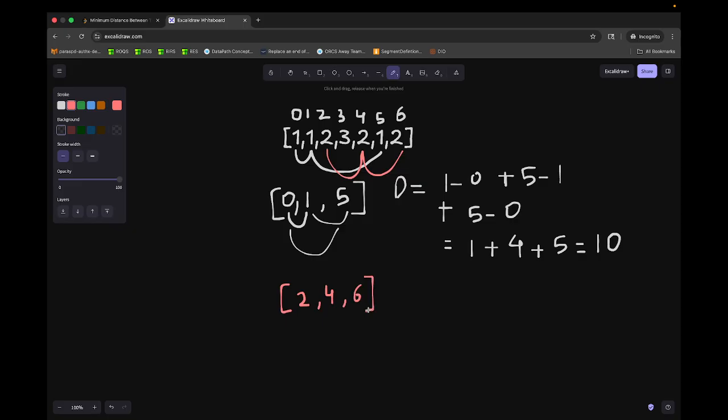So the distance for this will be 4 minus 2, which is 2, plus 6 minus 4, which is also 2, plus 6 minus 2, which is 4, so the distance comes out to 8. In this case, we take the minimum of these two, which is 8. Hence, 8 is the answer. We didn't see any other element occurring 3 or more times. So in that case, our answer is 8.